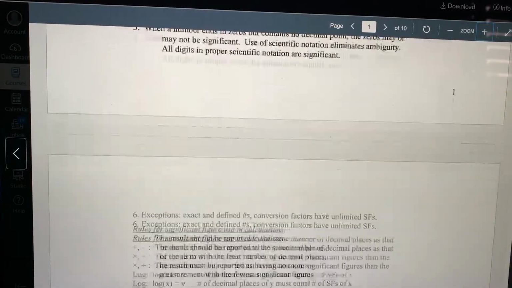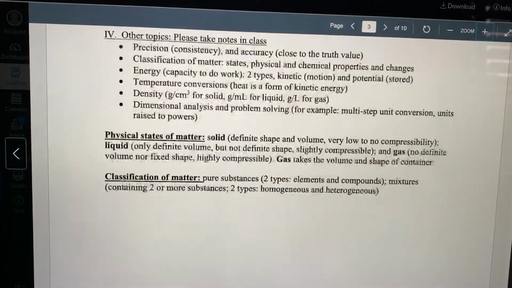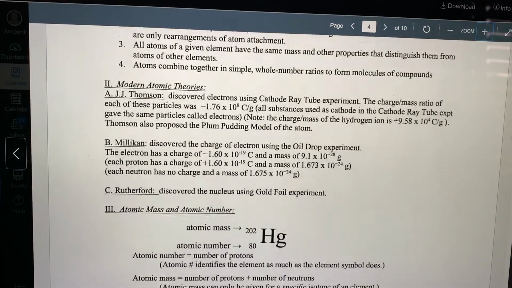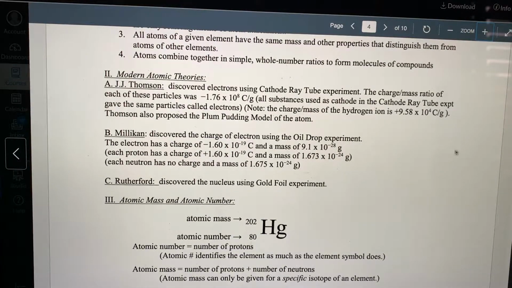So J.J. Thomson discovered the electron, using the cathode ray tubes, and he discovered that the charge to mass ratio of each particle was negative 1.76 × 10^8 coulomb per gram.